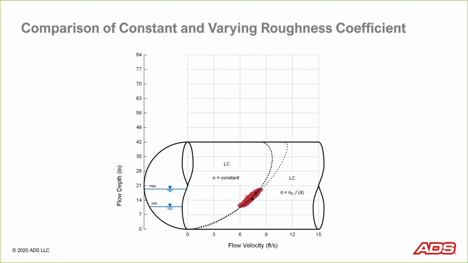One with a constant roughness coefficient, one with a varying roughness coefficient. You can see the two do a great job of fitting the data within the region of the data. But the projections going up to full pipe, you can see, are a little bit different. In fact, they're about 20% different in this case. So it does have some implications that you need to be careful about when using this data, but both methods can be used.